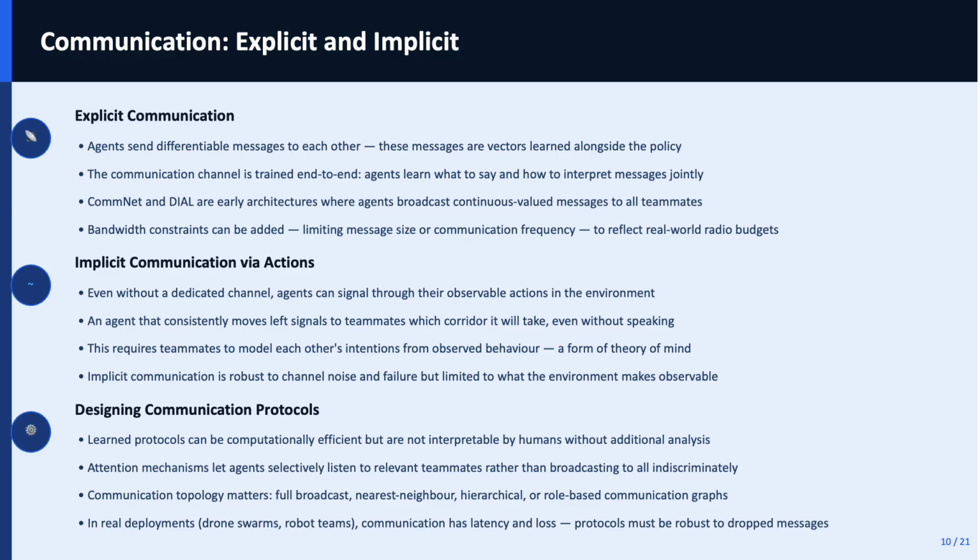When drones were given a learned communication channel through which they could broadcast their current target location to teammates, they spontaneously developed a coverage protocol without being explicitly programmed to do so, where each drone's broadcast caused its teammates to avoid nearby areas, resulting in systematic area coverage that emerged purely from the end to end training of the communication policy.